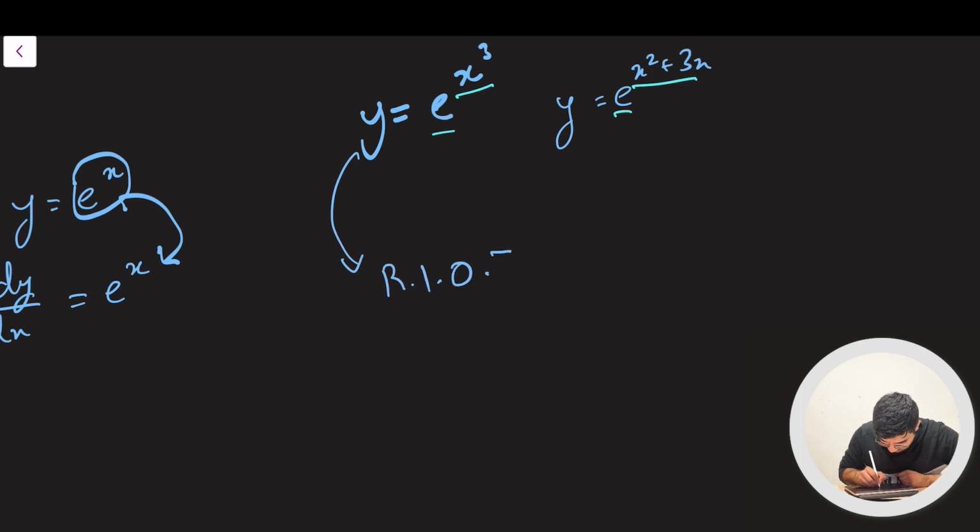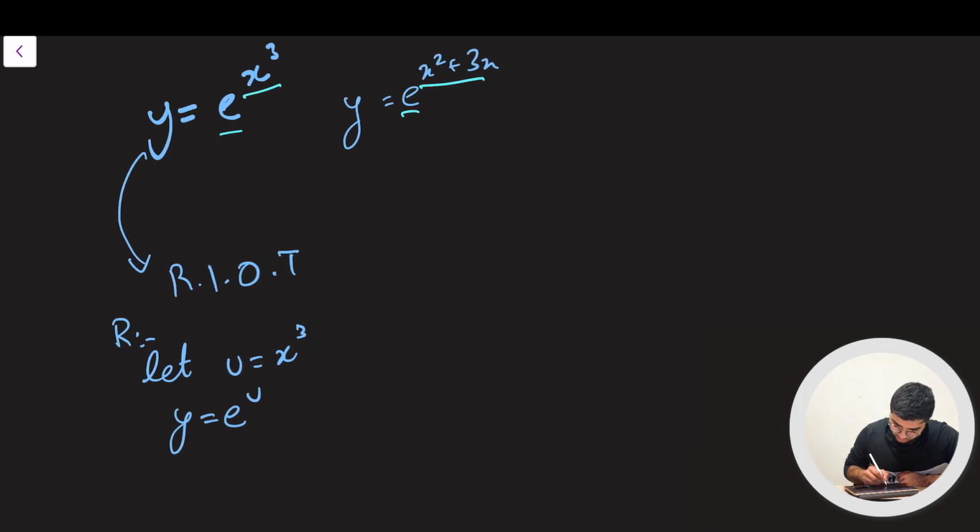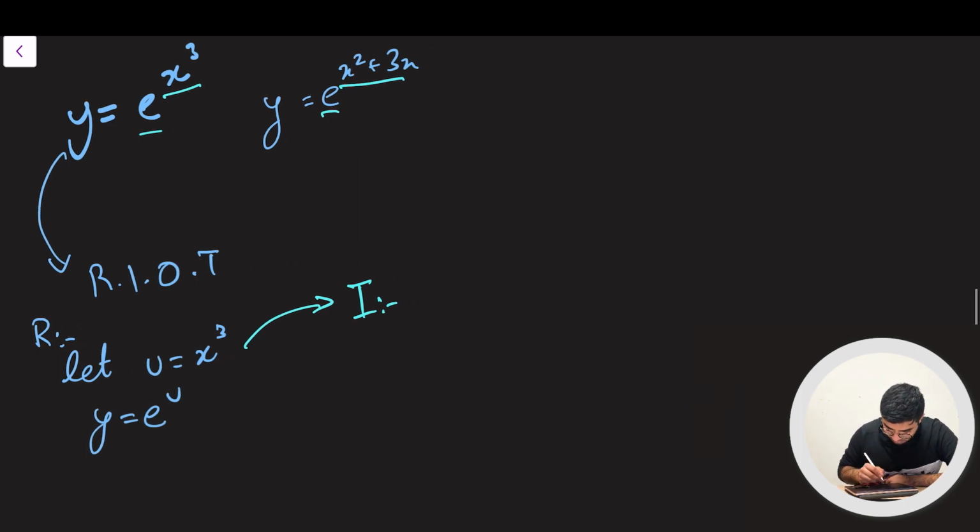Let's use our acronym. R for replace. Let u equal x cubed, and then y we know is e to the u. Then we differentiate both of them independently. This is our I, the inner function: du on dx is equal to 3x squared.